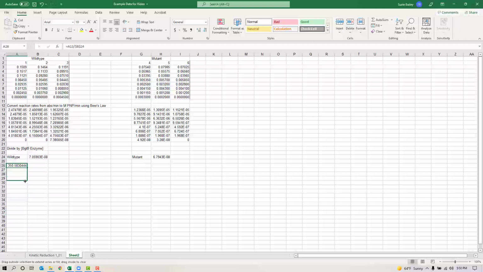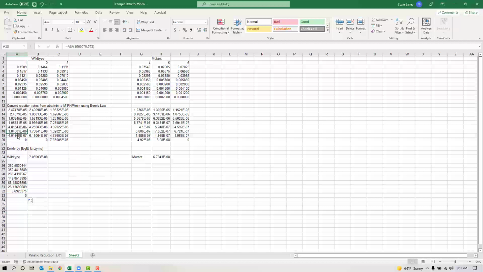So once again, I can click and drag down the next 7 rows, repeat that calculation for the remaining data, and you can click through here and just make sure that the calculation is exactly what you expect it to be. So for this data point, we're expecting it to have used cell A18, right?